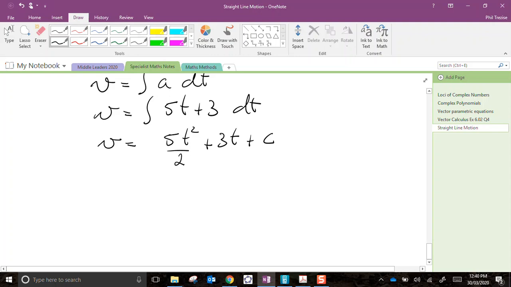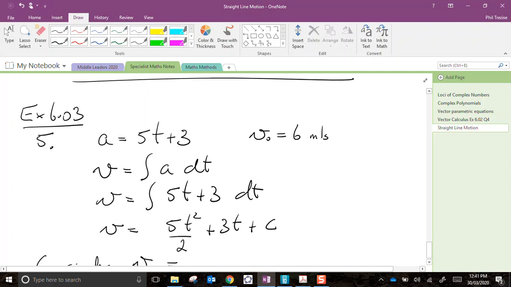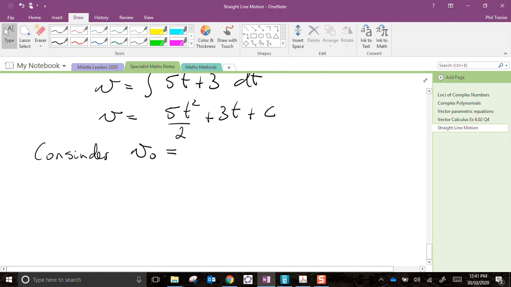Now we evaluate the constant of integration by considering v naught. We were told the initial condition here, v naught equals 6.